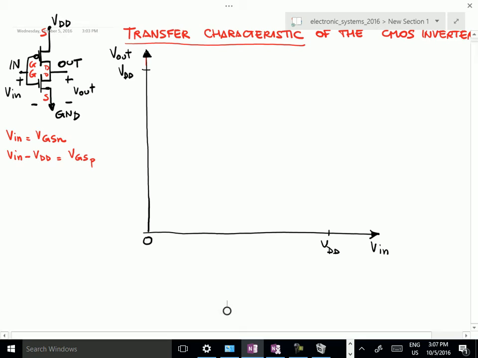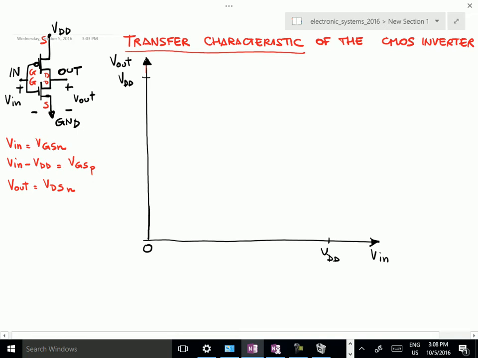Regarding VDS, you can see here that Vout is the drain to source voltage of the NMOS, and Vout minus VDD is the drain to source voltage of the PMOS.